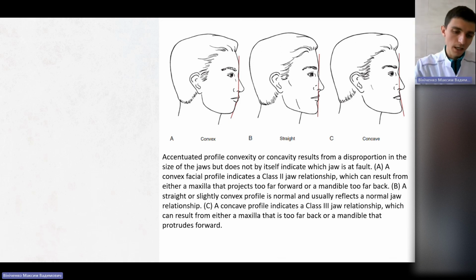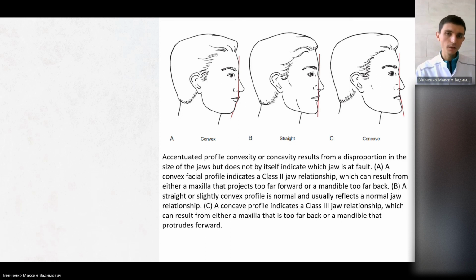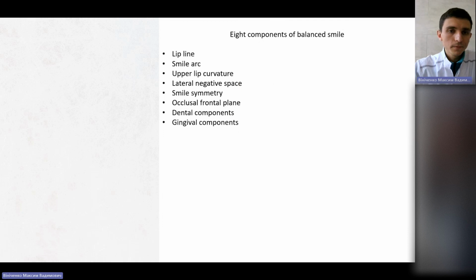We understand that if we treat this patient orthodontically to class 1, we could spoil the profile. So maybe this patient needs orthodontic surgery. Why? Because we should not spoil the profile of our patient.